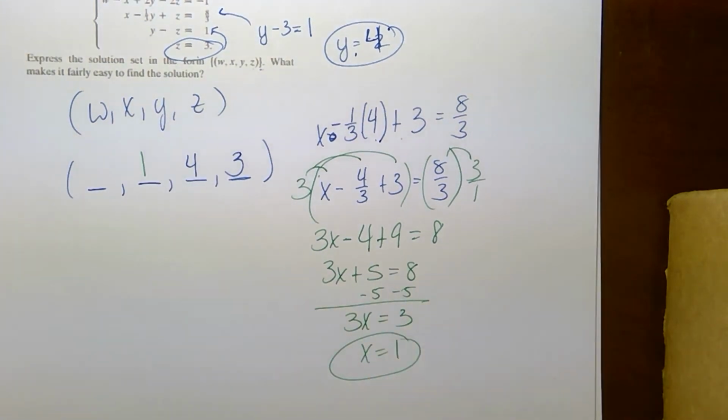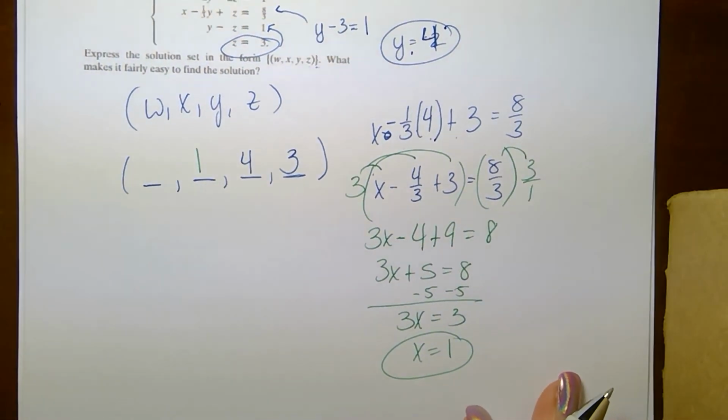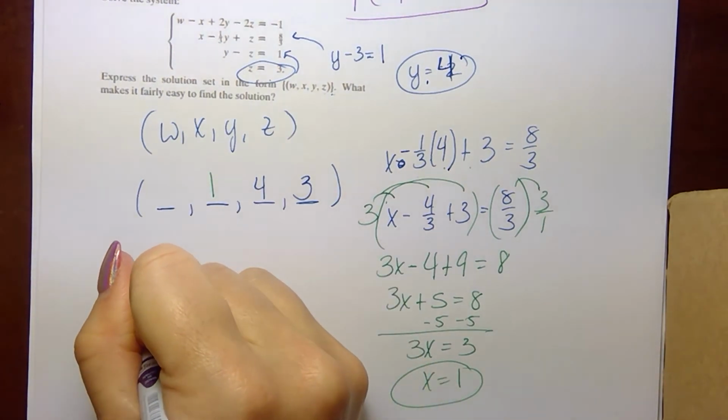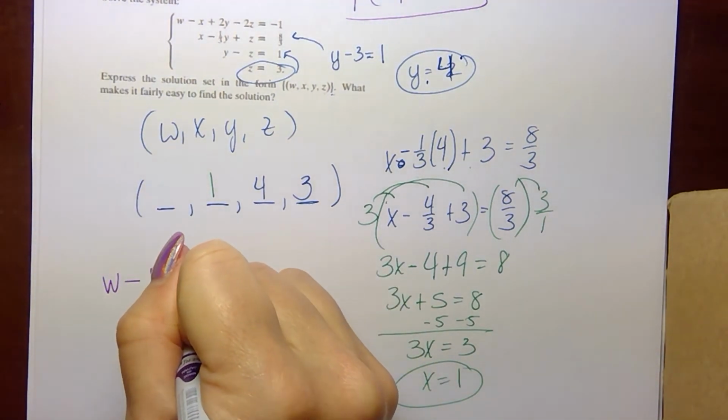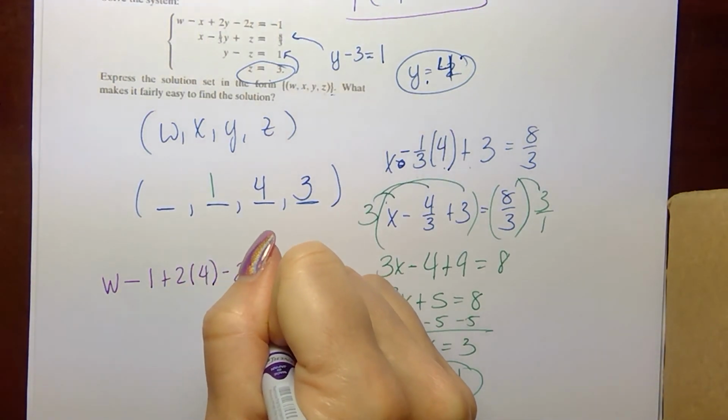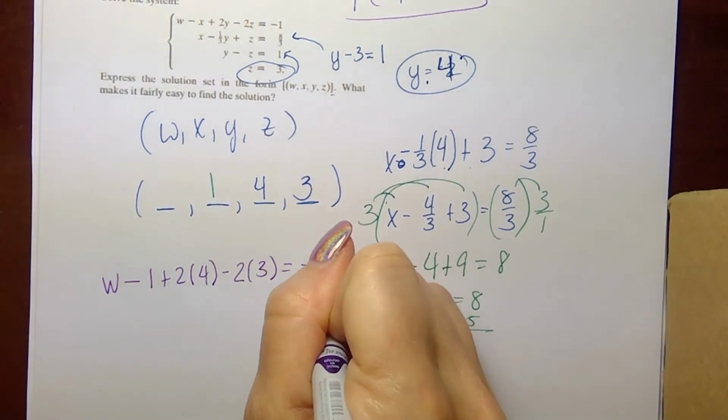Now all we have to do is solve for w. Solving for w, I go back and look at my very first equation in the system, and I have w, that's my unknown, minus x plus 2 times y minus 2 times z equals -1.